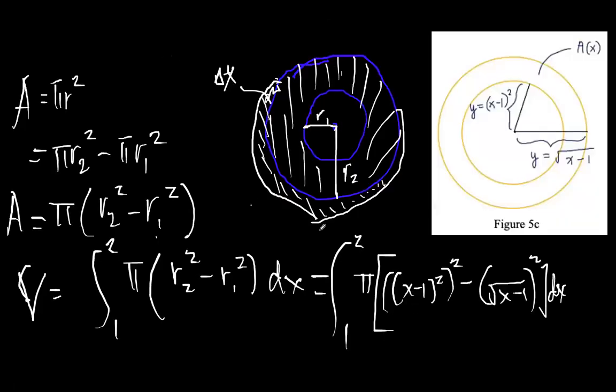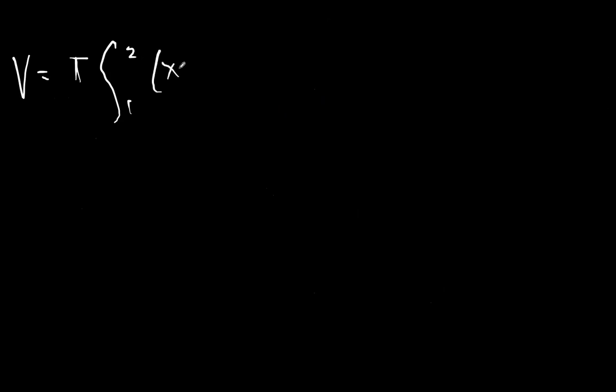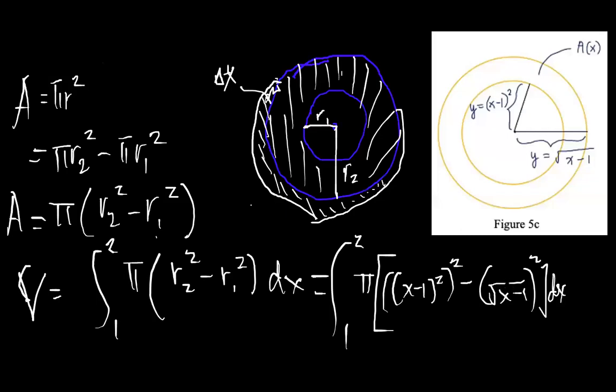Ayan, so ang volume natin ay pi, the integral from 1 to 2, ano nga ba yun? Nakalimutan ko. Ayan, (x minus 1) raised to 4 minus (x minus 1), wala na kasi natanggal na because of the square root, di ba?